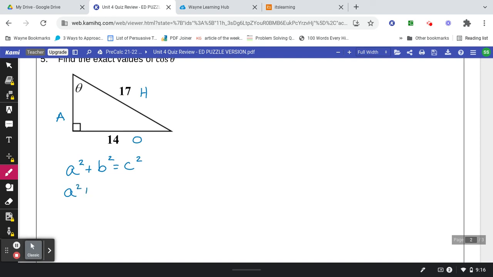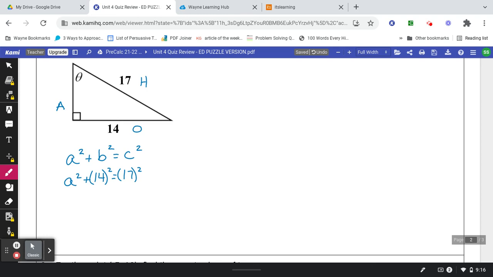Right, so I'll do a squared plus b squared equals c squared. Remember that the hypotenuse must be the c. And then take your calculator, do 17 times 17 and 14 times 14. 14 squared would get us 196. 17 squared gets us 289.